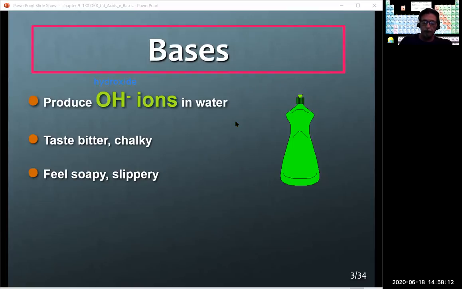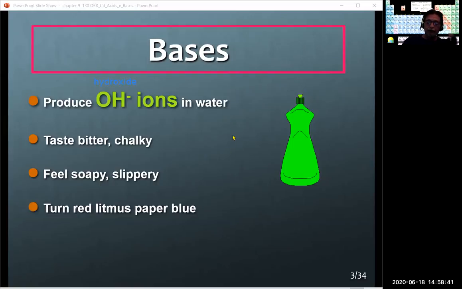That's not the chemical. If you get something like Drano or Liquid Plumber in your hands and it's slimy, it's because the sodium hydroxide is breaking down the tissue of your skin. So be careful. There's a lot of makeup stuff out there that you put on your face because it's supposed to peel your skin. What it's doing is literally reacting and breaking down the skin tissue. So be careful with that.